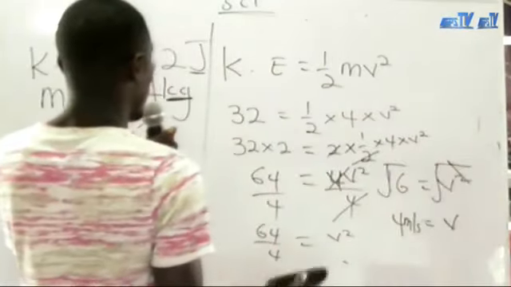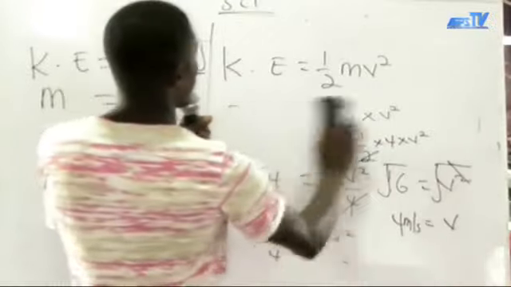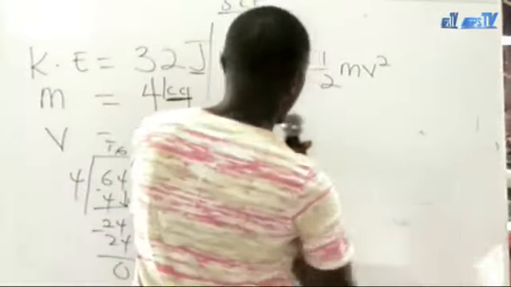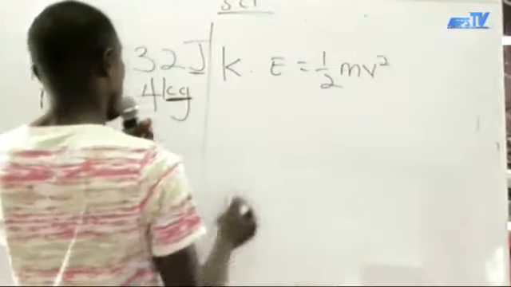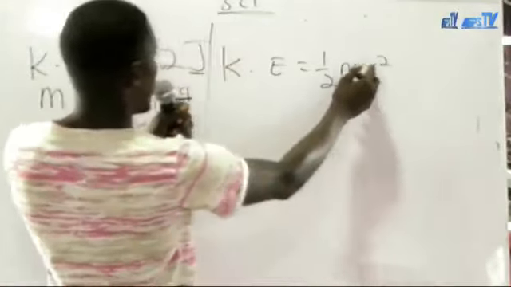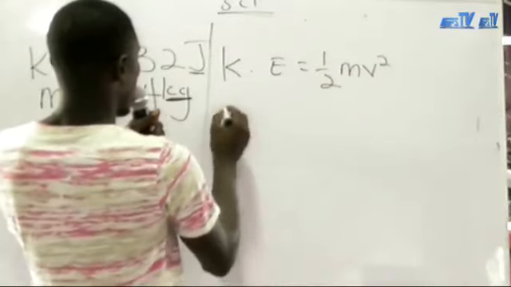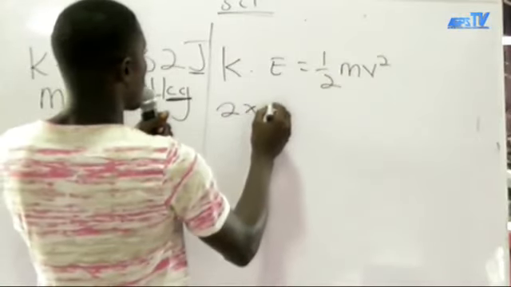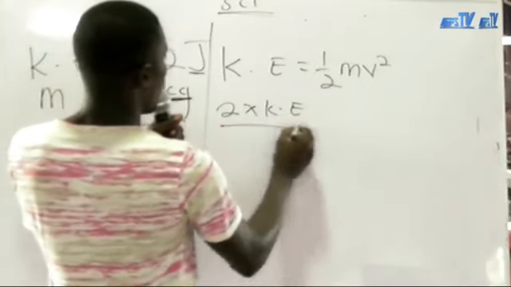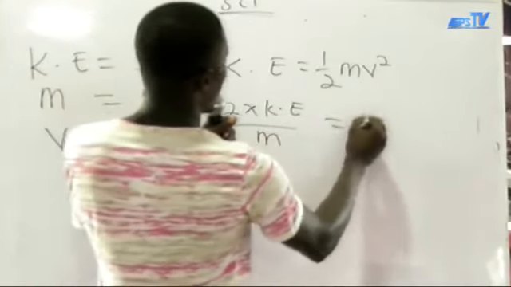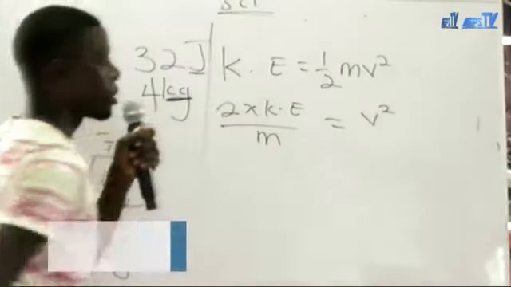Now, somebody can also use this method by making V square the subject. So 2 times kg over m is equal to V square.